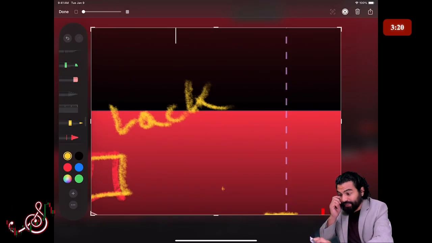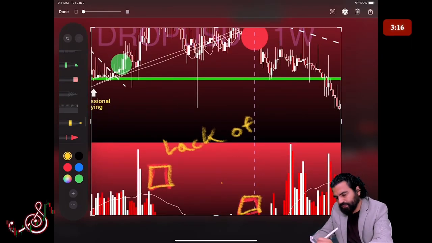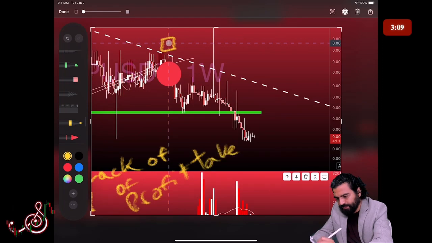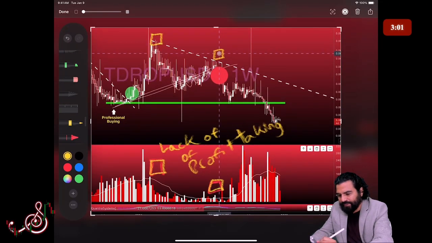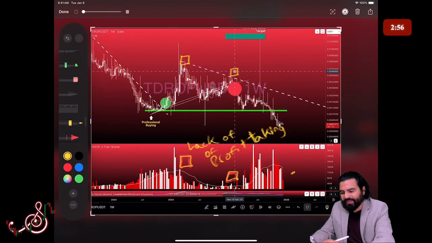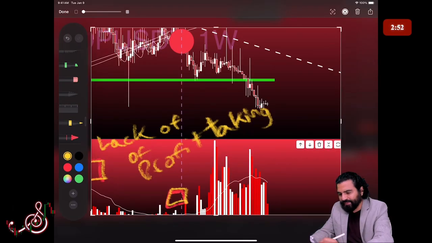What does lack of profit taking mean in the story if we see buying in the background? If I don't see them taking profits and I see them accumulating, it doesn't necessarily mean accumulation itself, but it does mean buying up supply. It does bring importance to those who accumulated. What does it tell us about those who are accumulating?